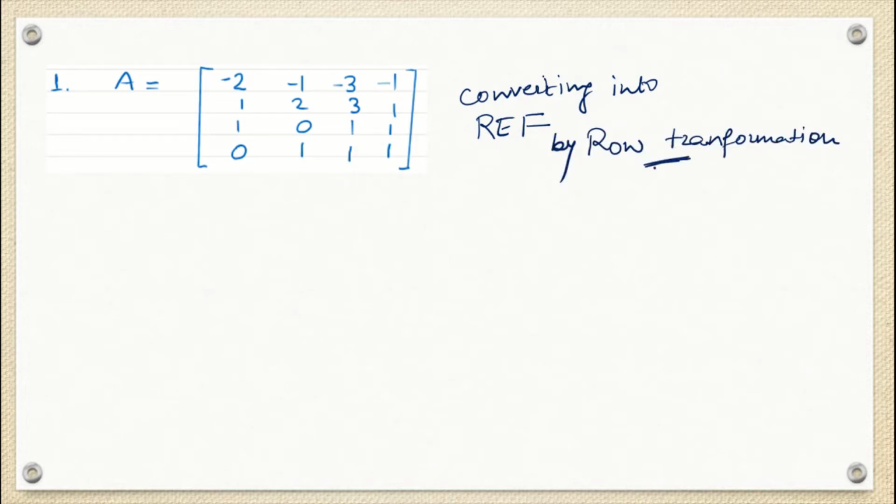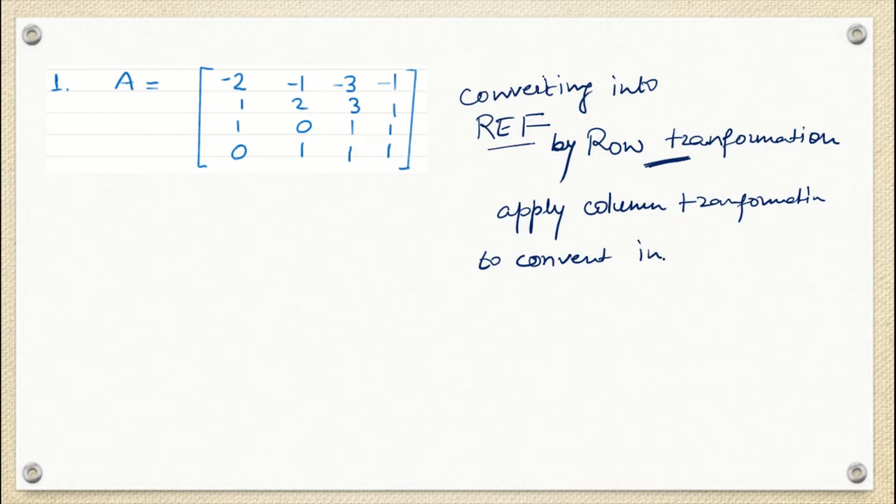This is very important: convert the matrix into REF form by only row transformations. Okay. And the second step is what? Once you have reached REF form, then you have to apply only column transformations. Then you don't have to apply any row transformation. So apply column transformations to convert the matrix into normal form.